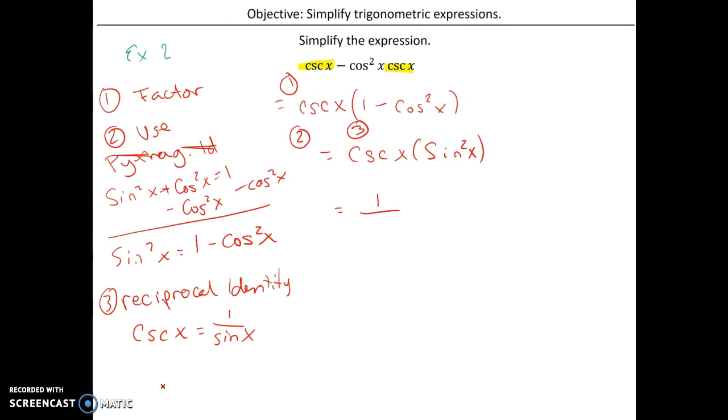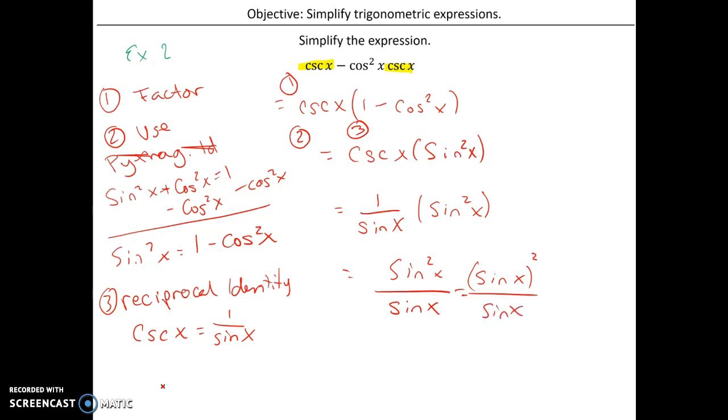Cosecant of x, this is the same thing as 1 divided by sine of x, okay, times sine squared x. And if we just multiply, we get sine squared x divided by sine of x, and this is equal to sine of x squared divided by sine of x.